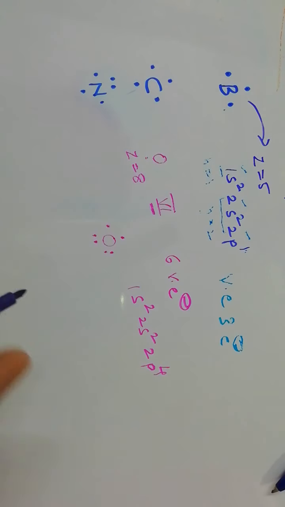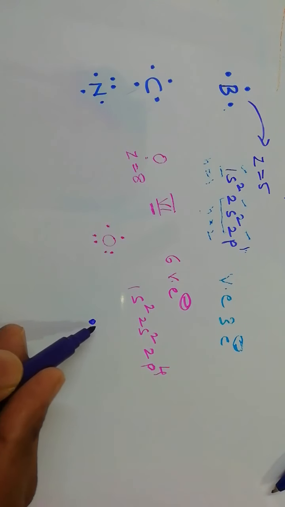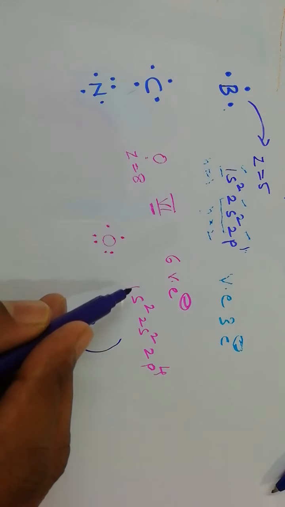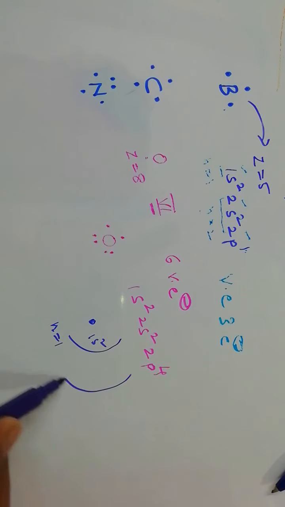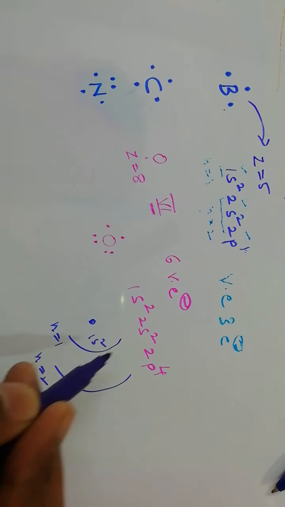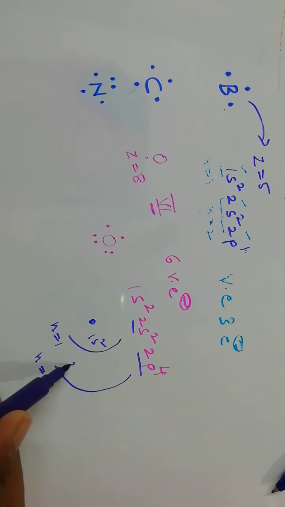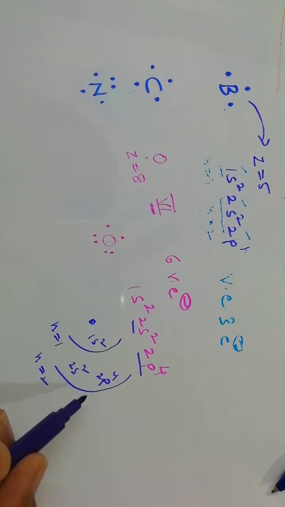Now let's say this is the oxygen nucleus. Around this nucleus there is a shell, the n is equal to 1 shell. So the 1s2 will come over here, and the next shell is the n is equal to 2 shell. The 2s2 and the 2p4 both will come over here.